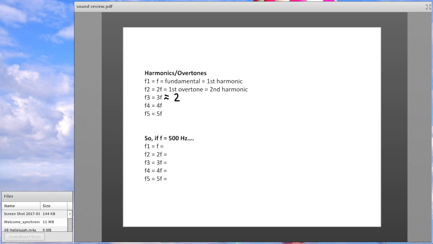So remember, your F1 is your fundamental or your first harmonic. Your F2 is 2 times F, and that's your first overtone or your second harmonic. Your F3 is your second overtone, or your third harmonic. F4 is your third overtone.